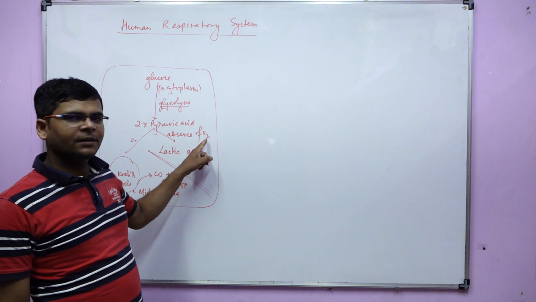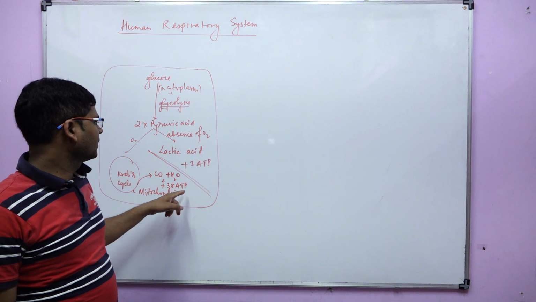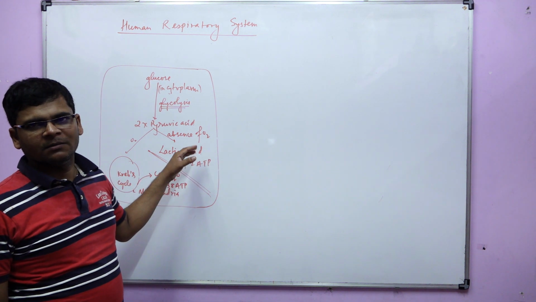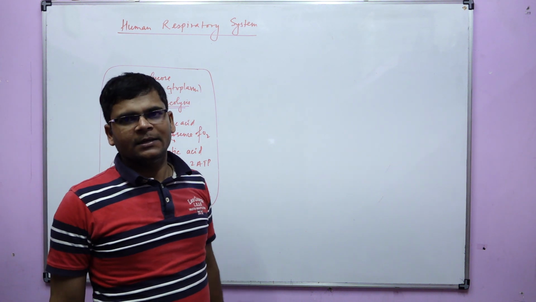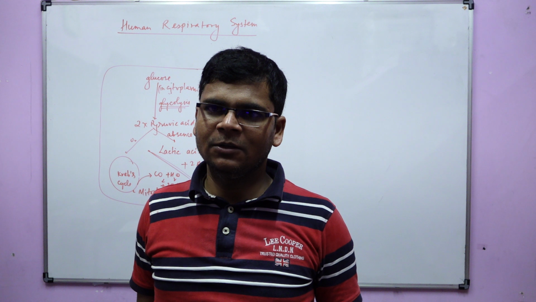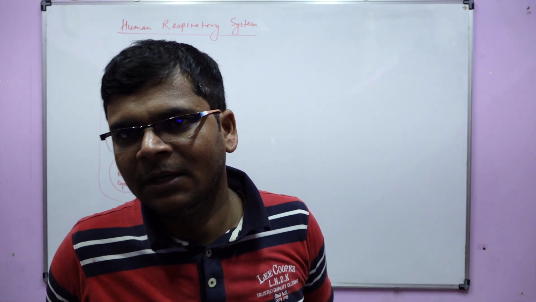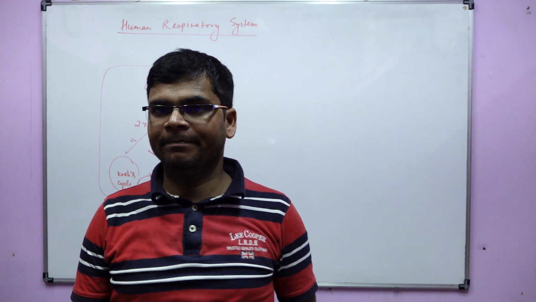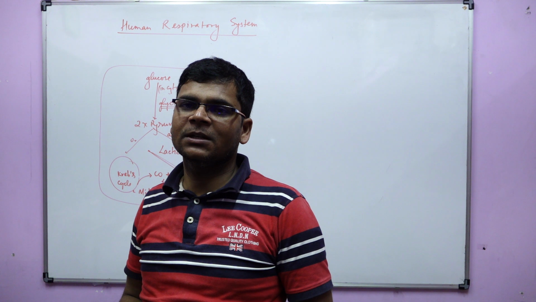But if our cells don't get enough oxygen, then our muscle cells start producing lactic acid. You must have experienced this. Suppose you are running in the summer season, we get muscle cramps.